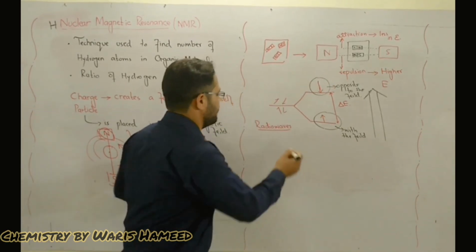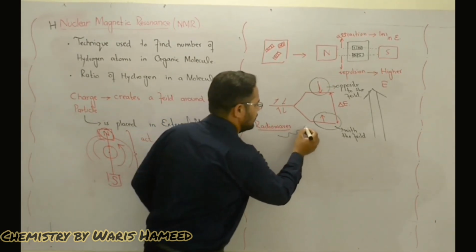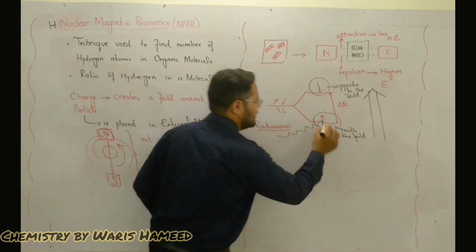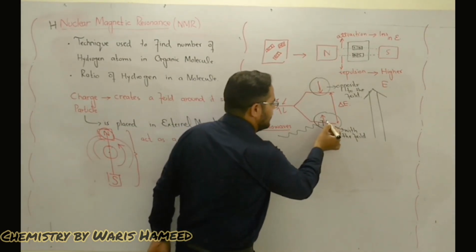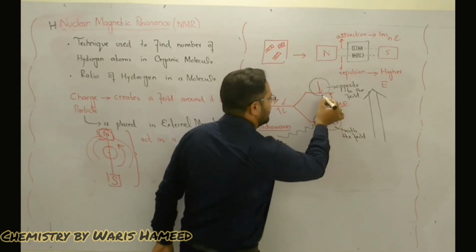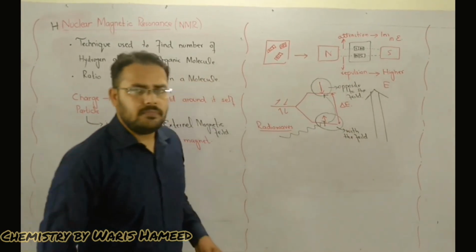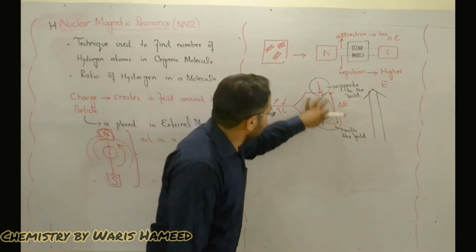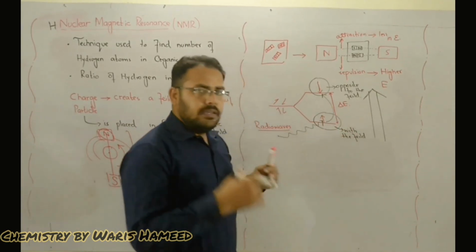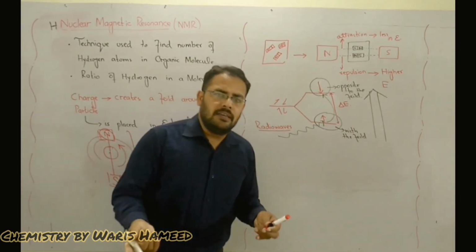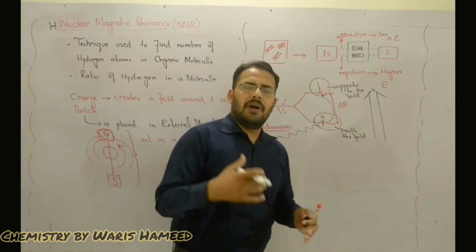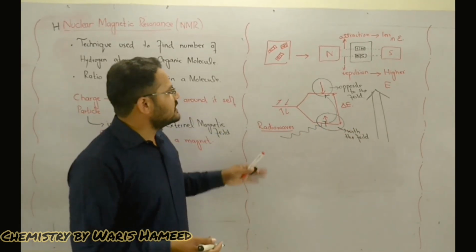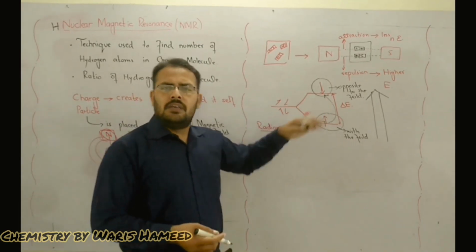When radio waves are passed on the nuclei at the lower energy level, these nuclei will jump toward the higher energy level. This amount of energy is absorbed by the nuclei, and it is judged by a detector and gives us information about that molecule.